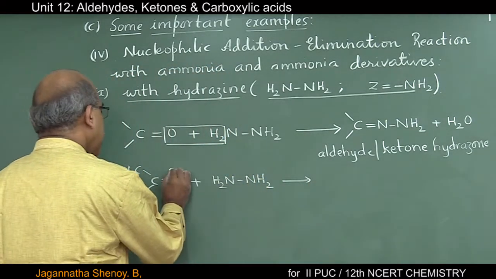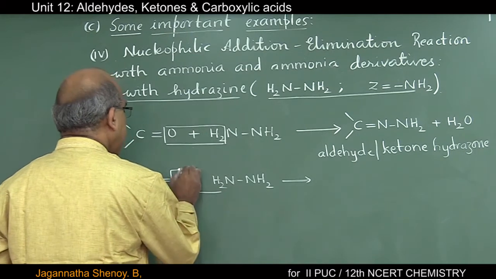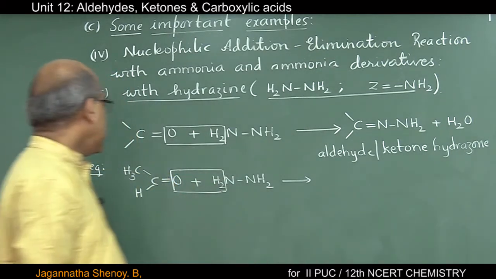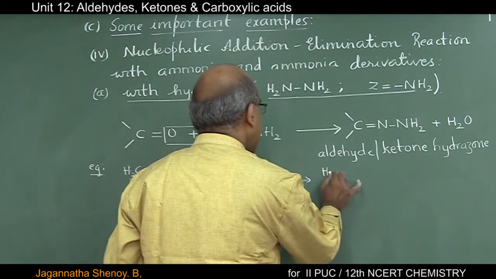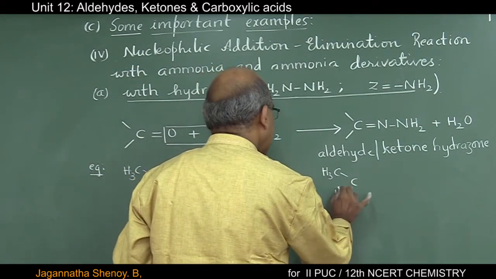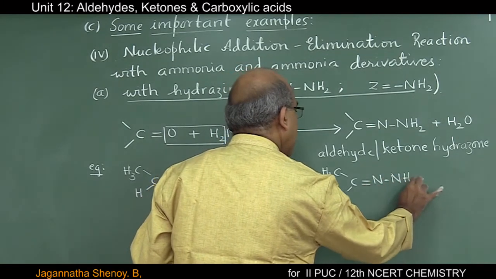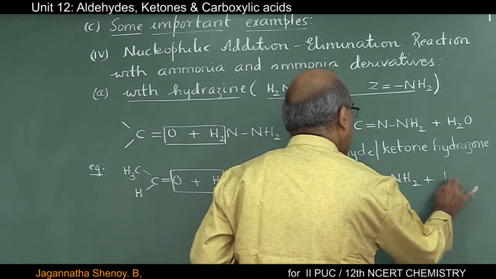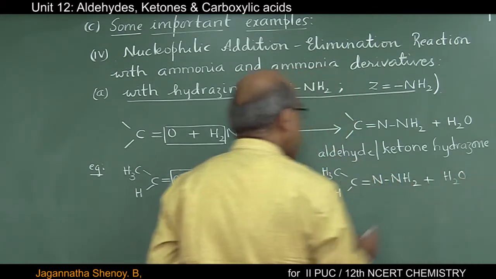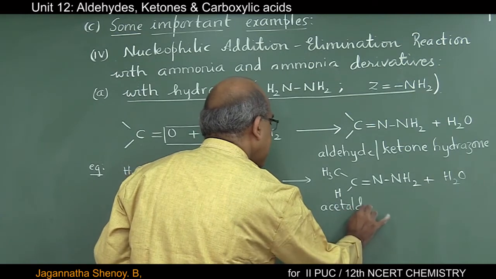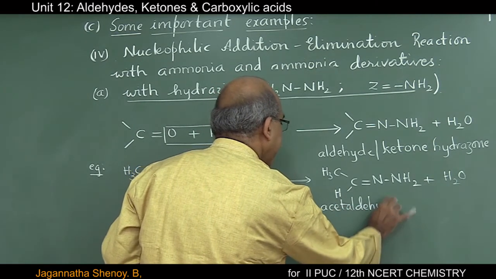You see, from here oxygen will go, and from this side two hydrogens will go. So the product formed in this case is called acetaldehyde hydrazone, along with water. Name of the compound: acetaldehyde hydrazone.